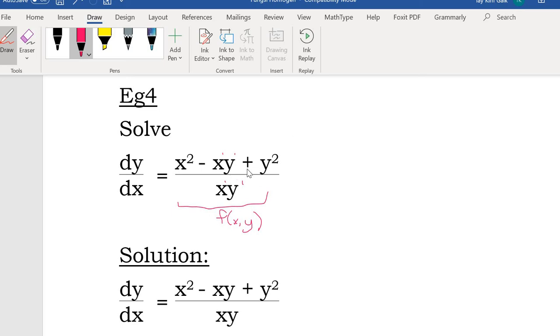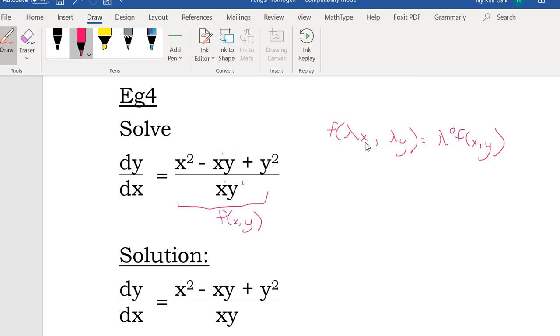Because you have the minus and plus, normally this is not separable, because we couldn't separate the function of x to dx and y to dy. Then f(x,y) equal to this. And then you just try f(lambda x, lambda y), meaning x replaced by lambda x, y replaced by lambda y, and you should be able to prove that this is lambda power 0 f(x,y).